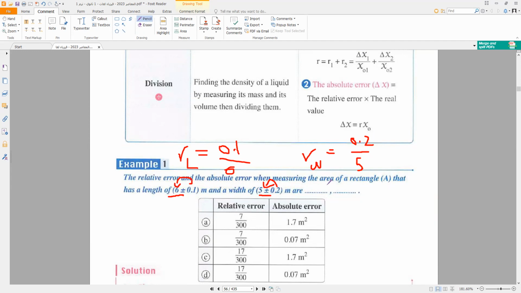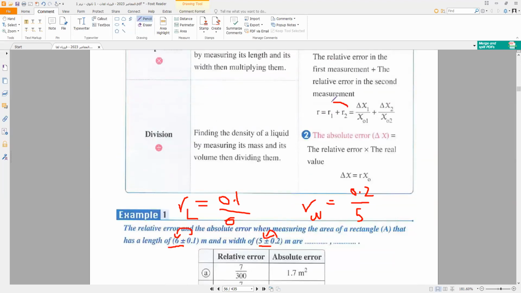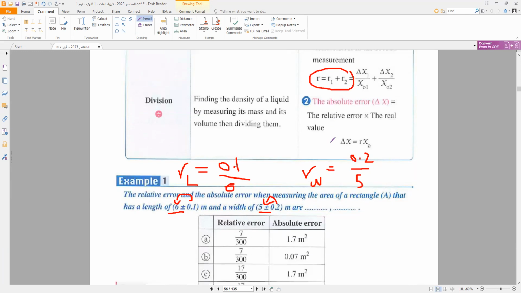We must add the two relative errors of width and length to get the relative error of area. What will happen once you get the relative error of area? You can calculate the absolute error of area by making the relative error times the value of A naught.